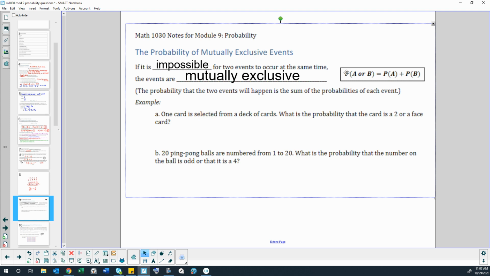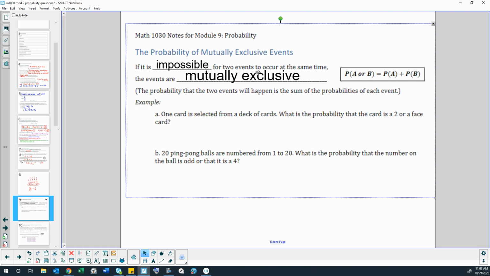So here's our formula here. The probability that A can happen or B can happen or both is found by finding the probability of A and adding the probability of B. This is for mutually exclusive events because there's not going to be any overlap.